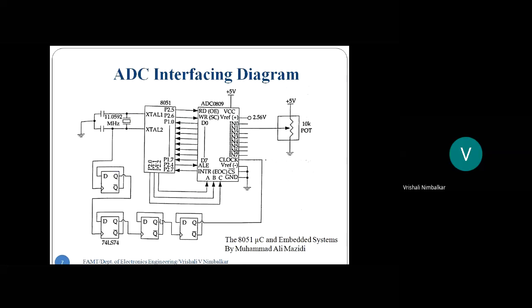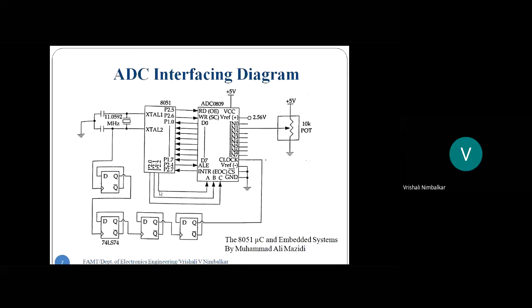Output of the third is 1.5 megahertz. And output of the fourth is 1.5 divided by 2, 0.75 megahertz. So the clock frequency is 0.75 megahertz or 750 kilohertz. So that's the purpose of showing these 4 flip-flops. These are toggle flip-flops. Okay, so that's the interfacing diagram.